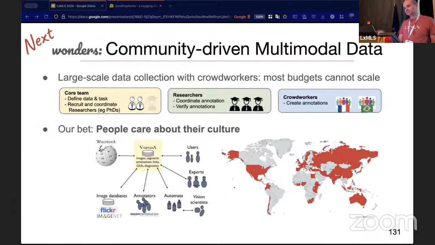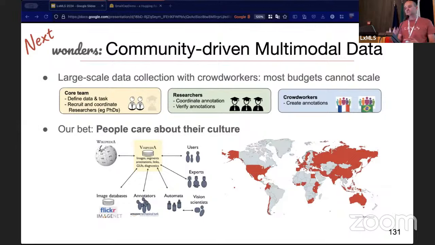Another thing is working towards community-driven multimodal data. So there's a huge effort on trying to collect datasets or to scrape them from the web. And the thing about trying to pay people for data is that most budgets just don't scale, because you end up having to pay crowd workers huge amounts of money in order to do this.